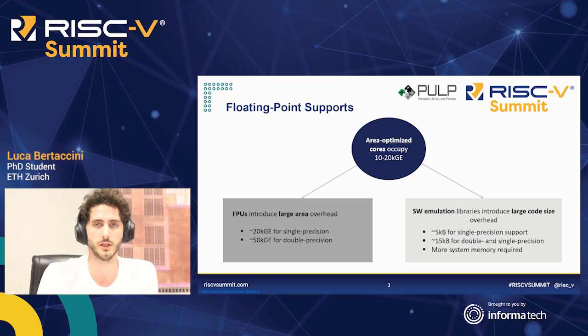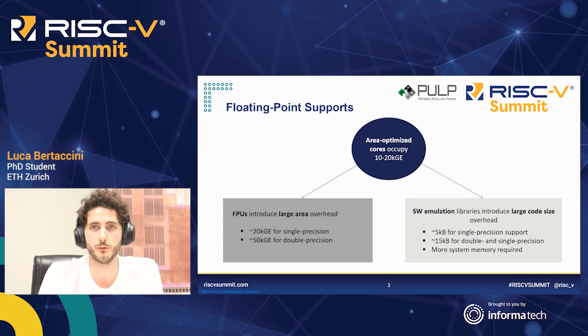In the first case, floating point units introduce a large area overhead. For a single precision floating point unit, this overhead amounts to around 20 kilogates, while for a double precision implementation it amounts to 50 kilogates, which is more than twice the area occupied by the area-optimized integer core.